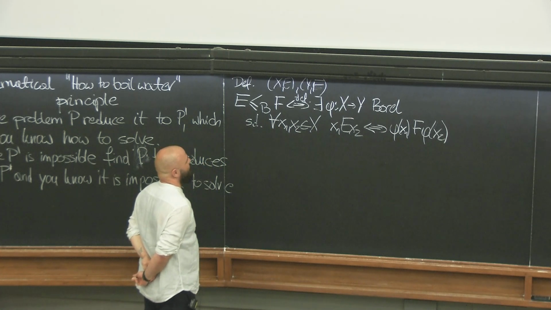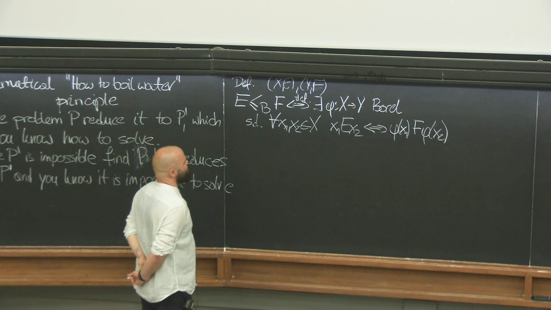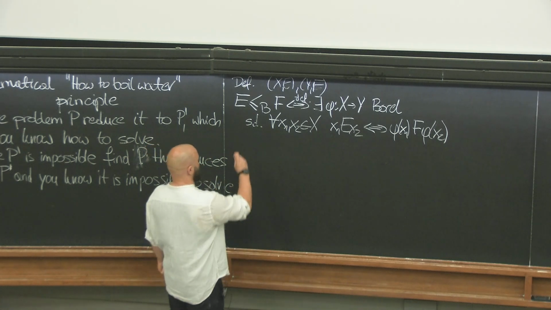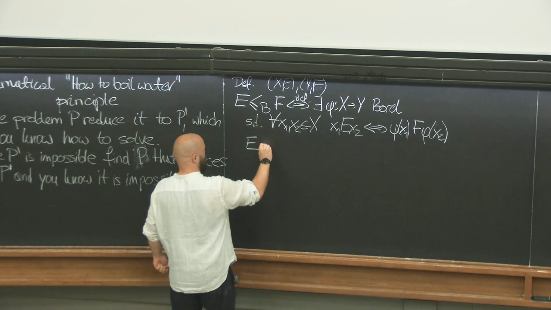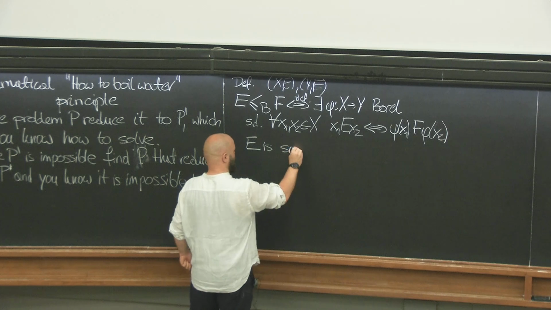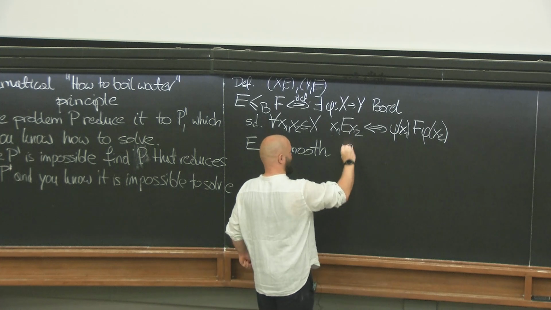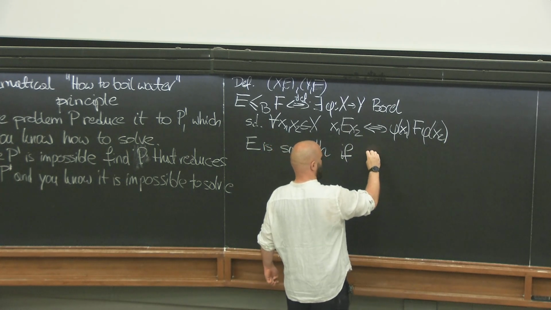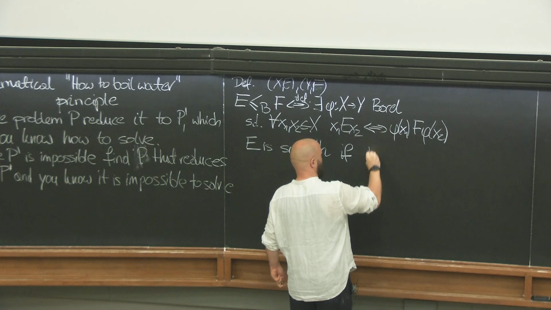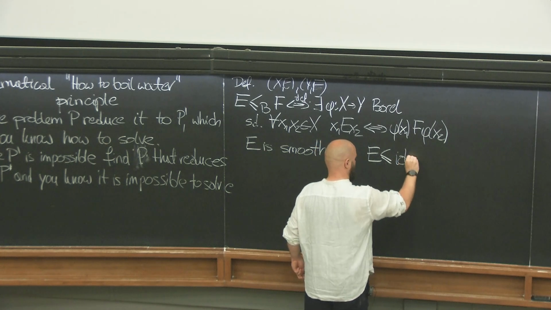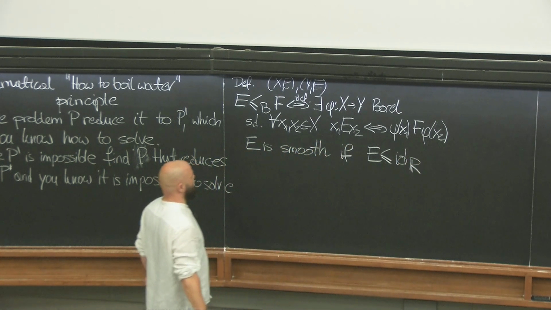Keep pointing them out. So now we have this definition, and with this definition we can define what a smooth relation is: E is smooth if it reduces in this Borel way to the identity on the set of real numbers.